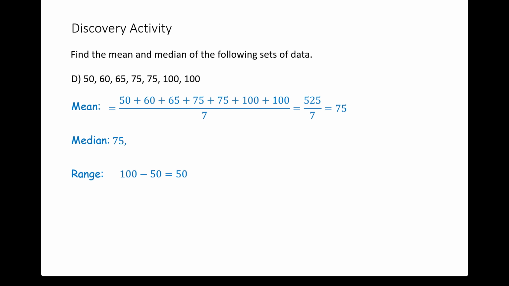Data set for D. The mean was 75, median was 75, range is 50. Compute the standard deviation using your calculator. You should have 19.14854216.